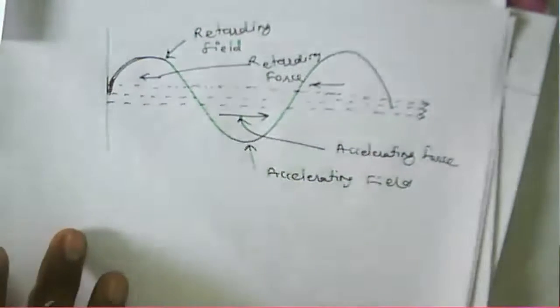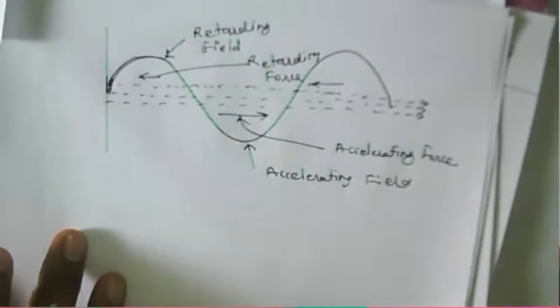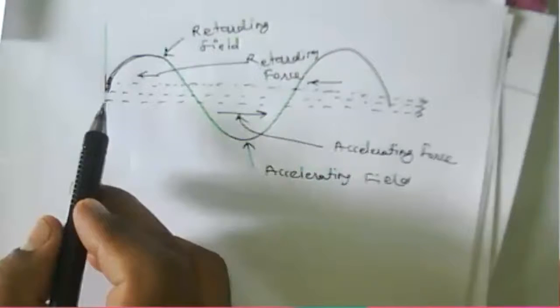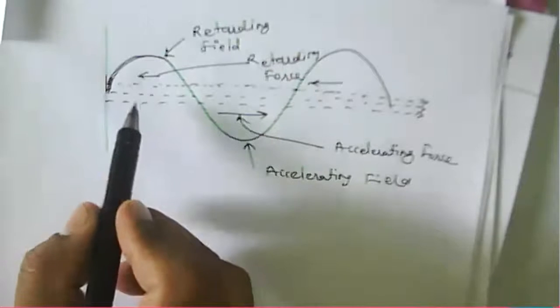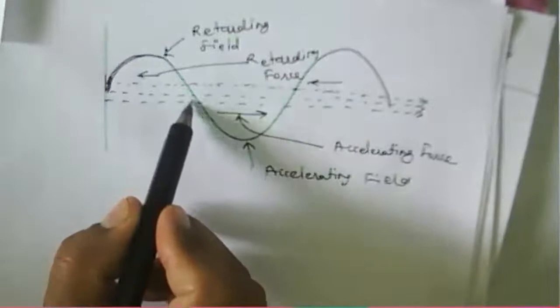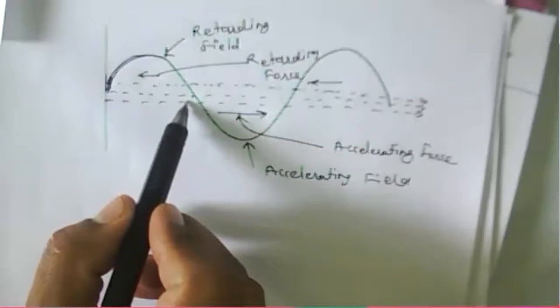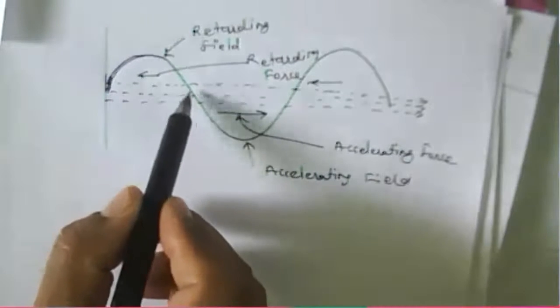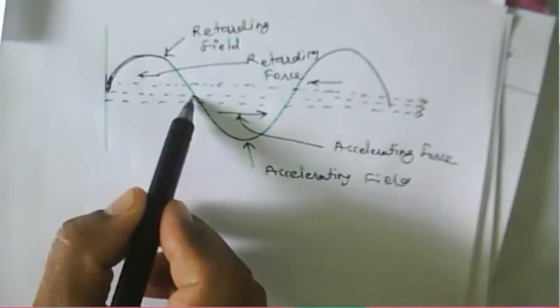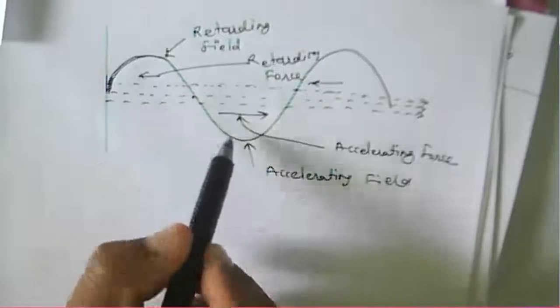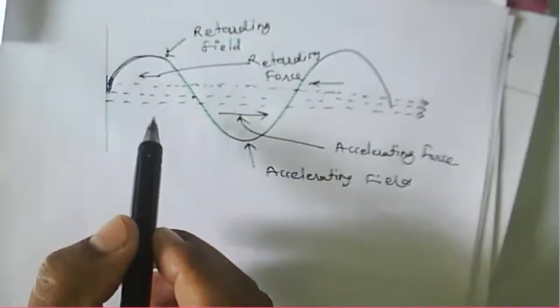Now, what happens when the electron enters the field and interacts through this tube? If the electron enters the helix at the zero position, at zero field, then it is not affected by the signal propagating through the helix.